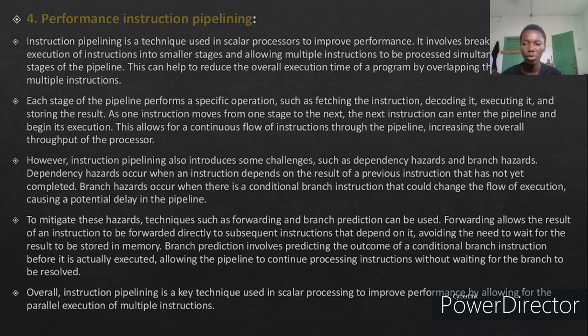Forwarding allows the result of an execution to be forwarded directly to subsequent instructions that depend on it, avoiding the need to wait for the result to be stored in memory.